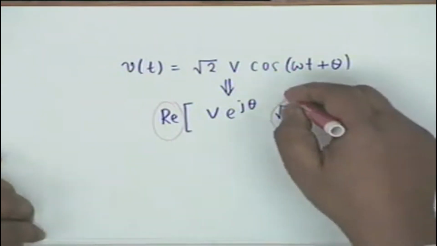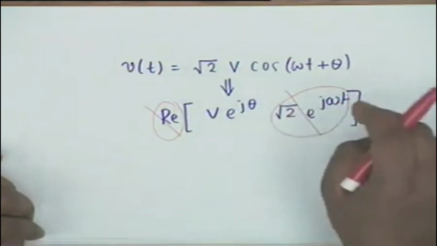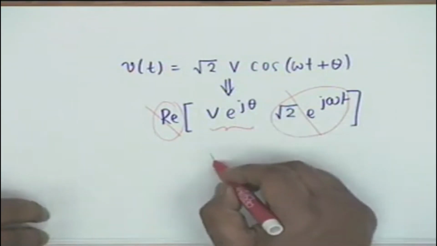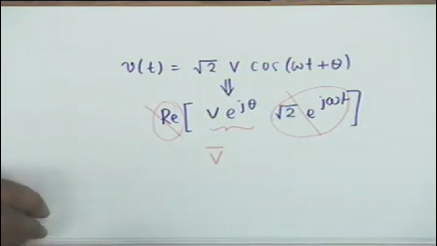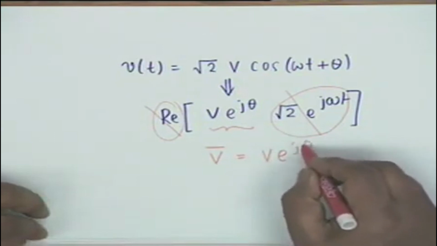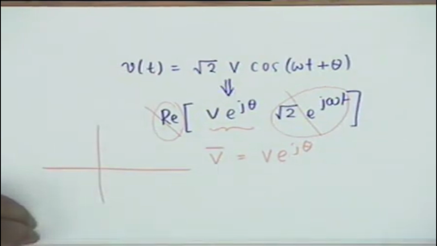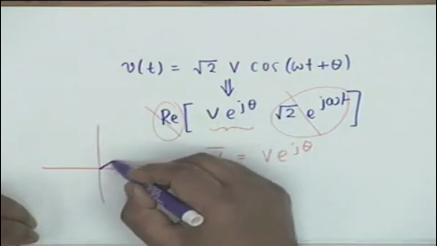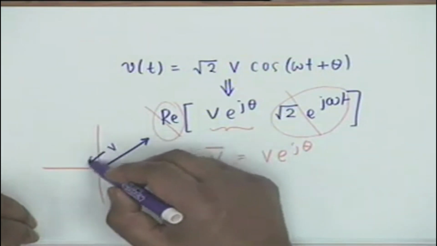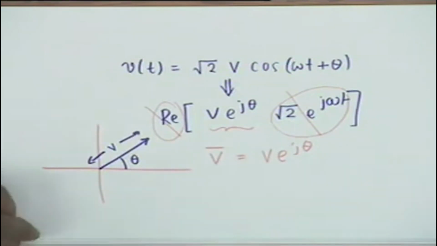If these two are cut out, this will be implied for all voltages and currents. The quantity that is left is represented by a phasor V bar, capital V e to the power j theta, and in the complex plane we represent this by a vector whose magnitude is capital V and whose angle from the real axis is theta.